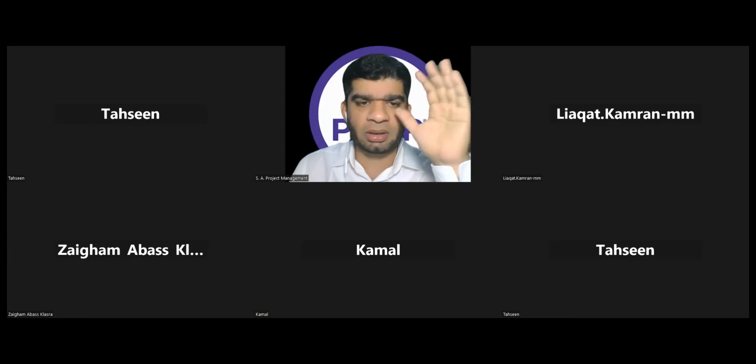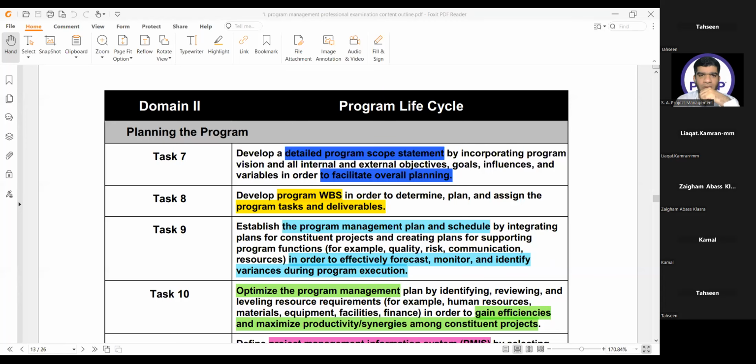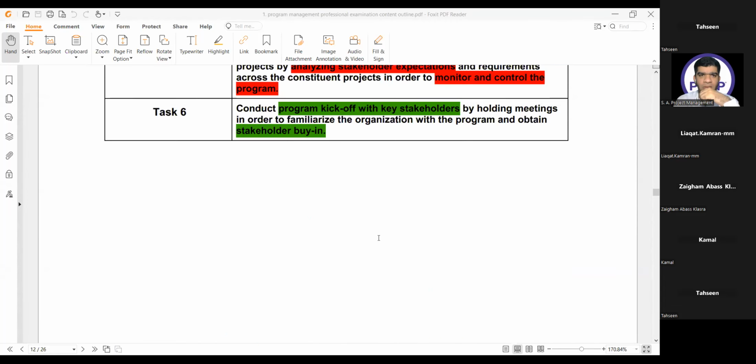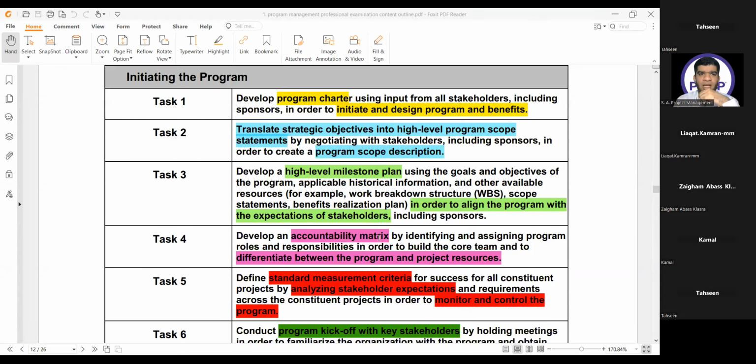Tehseen sir and Kamal sir, can you see my screen? Tehseen sir, please read task 2. Task 2: translate strategic objectives into a high-level program scope statement by negotiating with stakeholders, including sponsors, in order to create a program scope description.